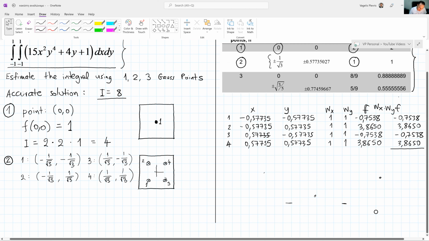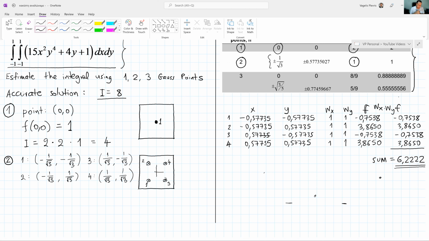And if I do it, I will find that this sum is 6.2222. So this is now my estimation for this double integral using 2 Gauss points per direction.